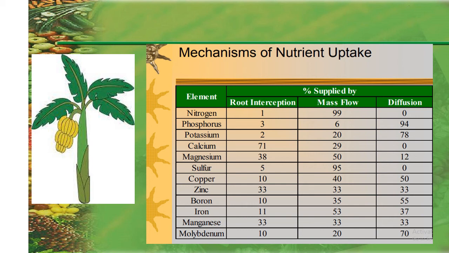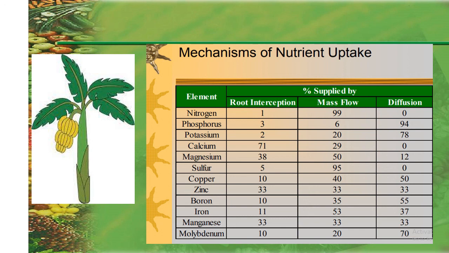Zinc, root interception is 33, mass flow is 33, and diffusion is also 33. Boron, root interception is 10, mass flow 35, diffusion 55.